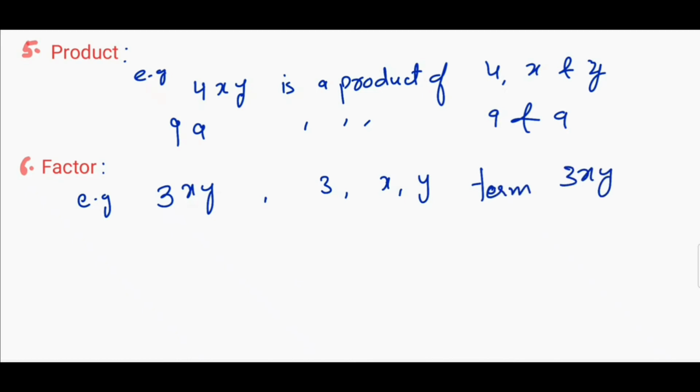In other words, we can divide this 3xy by 3x and by y. That's why 3x and y are the factors of this 3xy. And so on. Similarly, I'll take 9a. The factors of 9a are 9 and a, because I can divide this 9a by 9 as well as a.